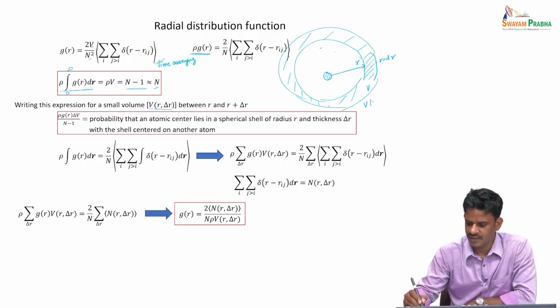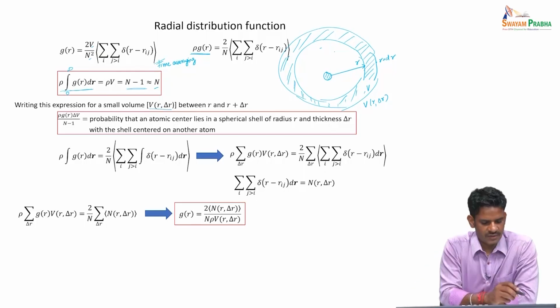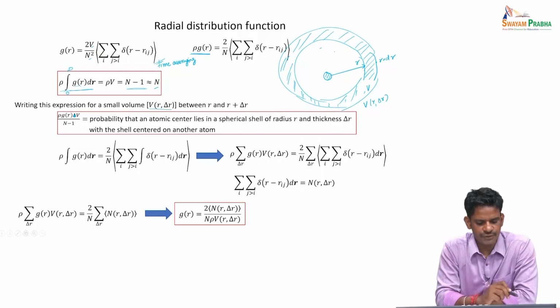So, V at r, dr basically means the volume of the shell at a distance of r to r plus dr. Here we have rho and g(r) at r over a small volume. This is not delta V, it is just V, the shell volume. Then we divide by N minus 1, and that gives you the probability that an atomic center lies in a spherical shell of radius r and thickness dr, with the shell centered on another atom.